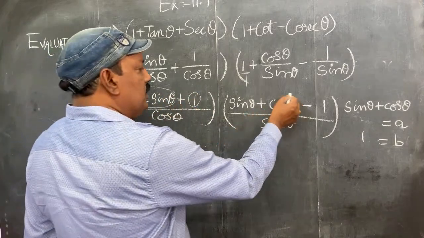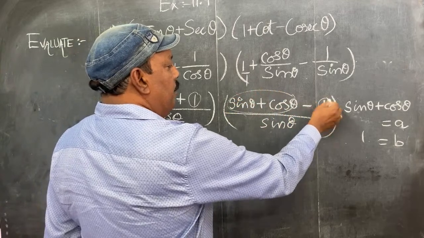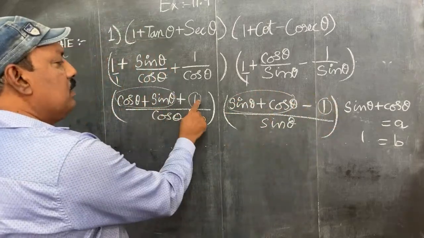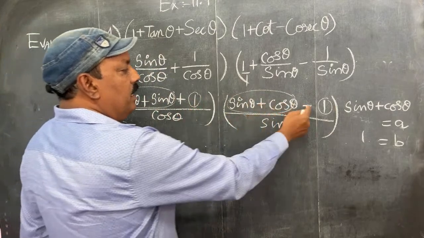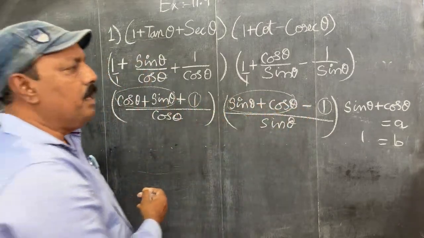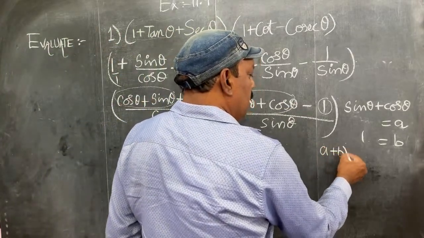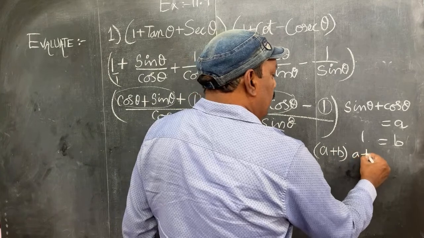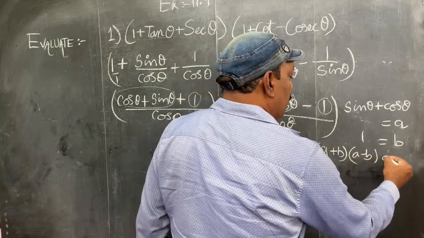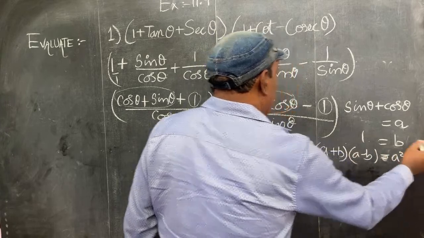Here sin theta minus cos theta is A minus B, where B is 1 here. So A plus B into A minus B, you will get A square minus B square.